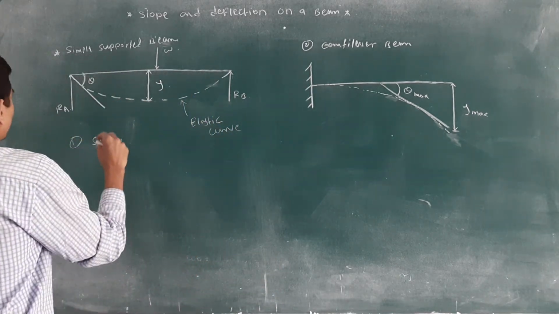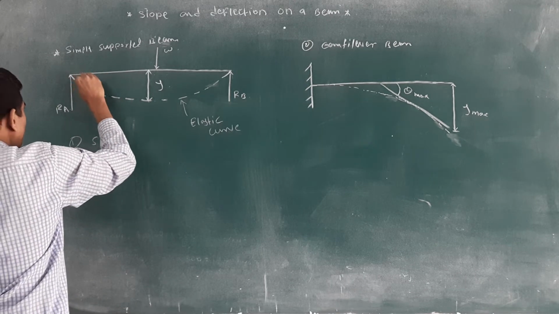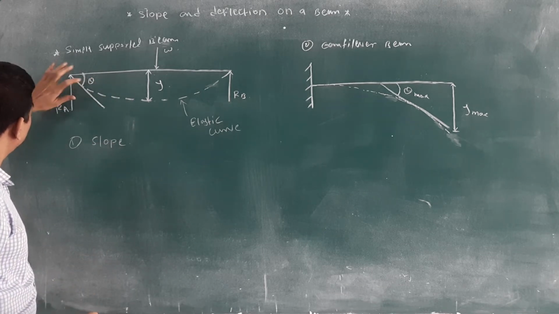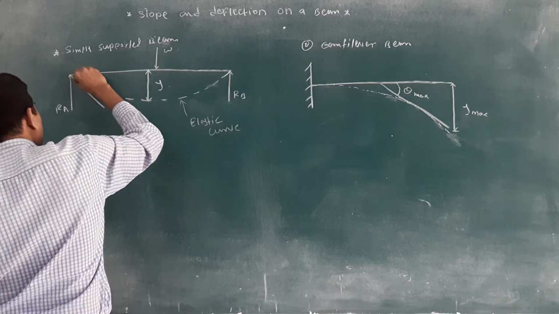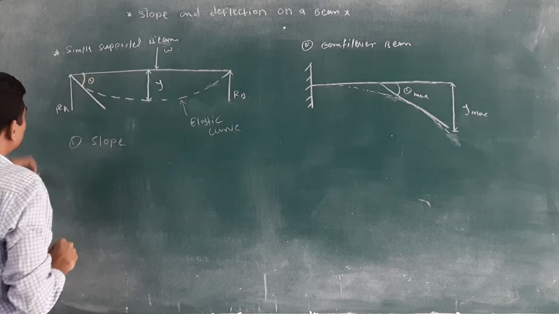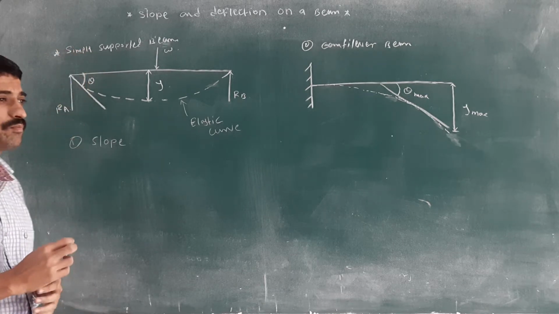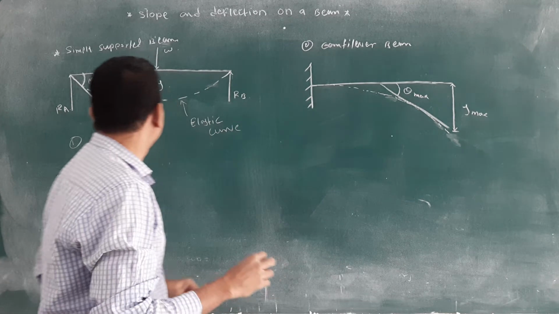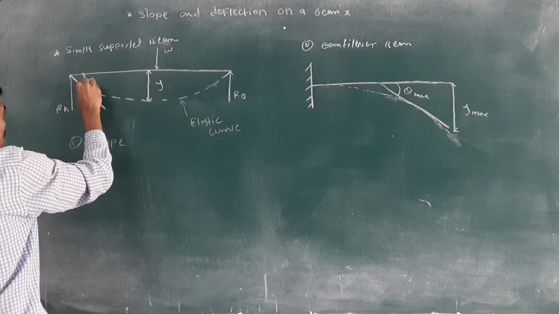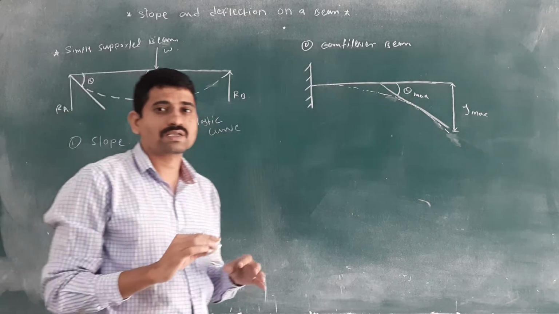Slope at any point in the beam is defined as the angle, in radian, between the tangent to the elastic curve at that point and the original axis of the beam. This angle is known as the slope.